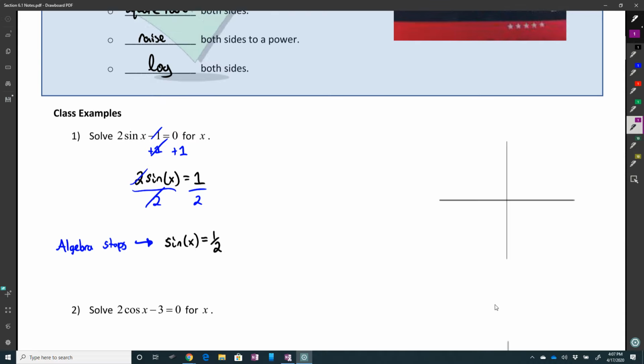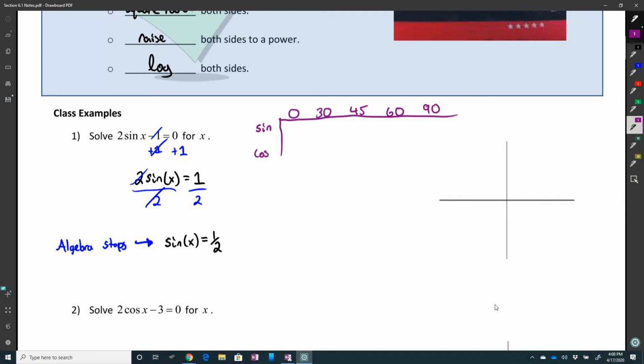And so here, again, the little table that we remember to make. So sine, our angles are 0, 30, 45, 60, 90.